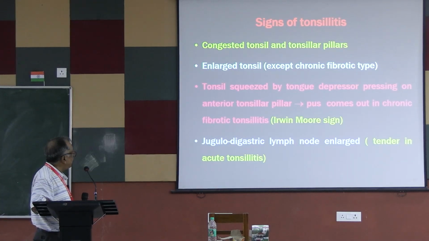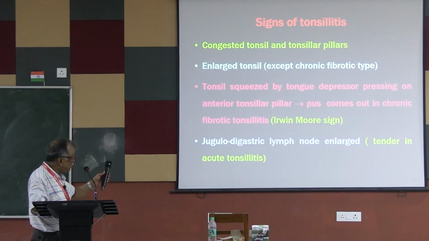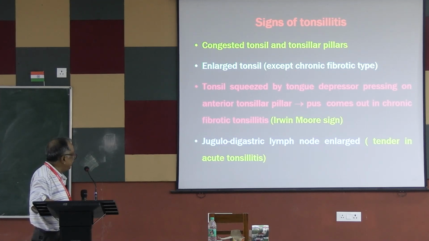You see, mostly there is the congested tonsillar pillar, enlarged tonsil. Fibrotic tonsil, there is no enlargement. I already showed you the picture just before this slide. This tonsil is squeezed by the depressor, pressing the anterior pillar, pus comes out, and that is the name. I think there is no need to memorize the name so much, the Irwin Moore sign. The jugulodigastric lymph node is enlarged, and it is also known as the Wood sign.